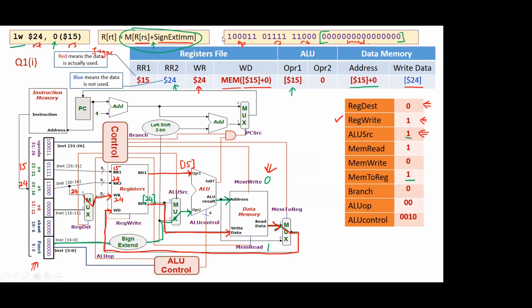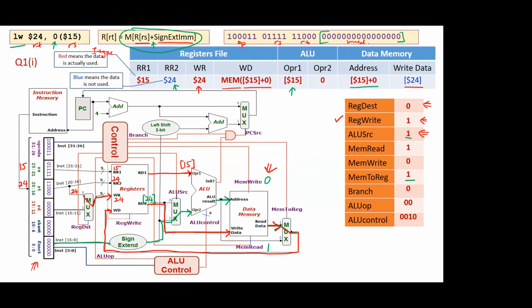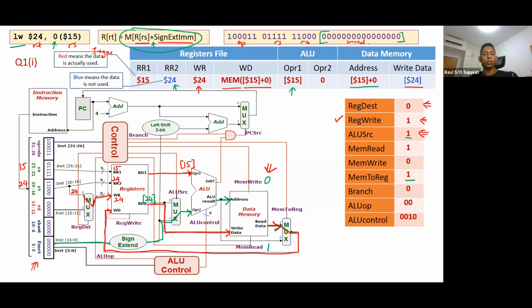Sorry, can I ask if the RD2 is always going to write data? Because the overlapping arrows are a bit confusing. The RD2 is connected to write data. The RD2 is also going to the ALU source multiplexer, right? Yes, where we are deciding between the RD2 and the sign extended immediate value. So the RD2 is only going to two places.